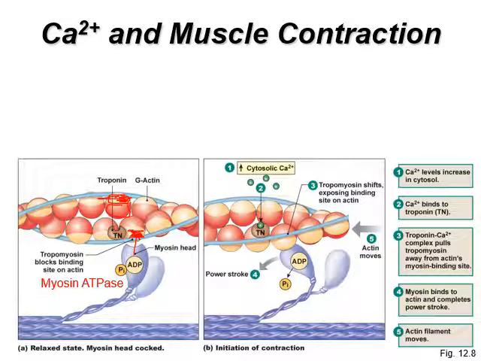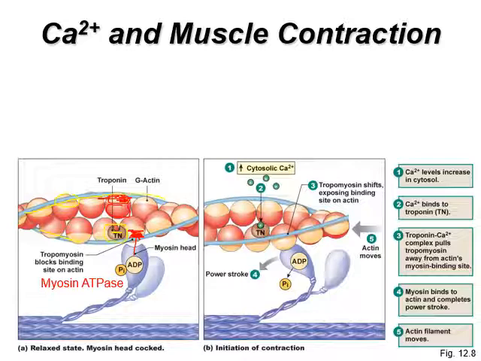Okay? And we have two regulatory proteins that we've talked about here. First, we have troponin. This little TN molecule here is troponin, and its job is that it can bind calcium. This green string-like structure, on both sides, is covering up these myosin binding sites.